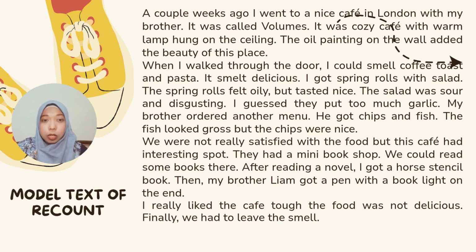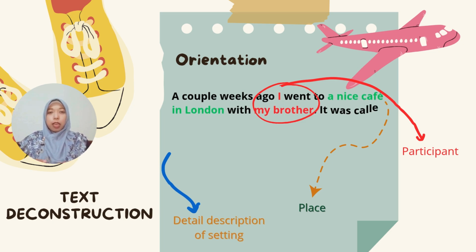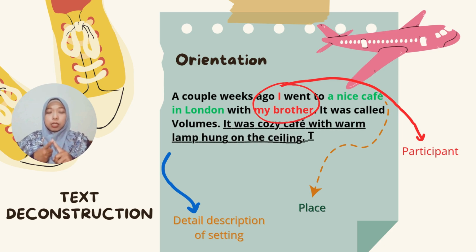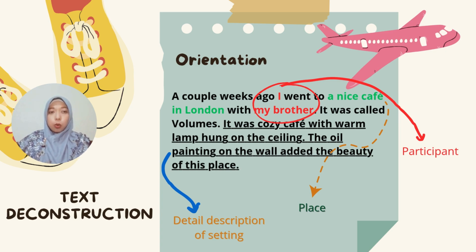So this is the model text of recount. Now it's time to deconstruct the model text. From the model text, we have to find the three parts of the structure. The first is orientation. The orientations from the model text occur in the first part of the text. A couple weeks ago, I went to a nice cafe in London with my brother. It was called Volumes. It was cozy cafe with warm lamp hung on the ceiling.